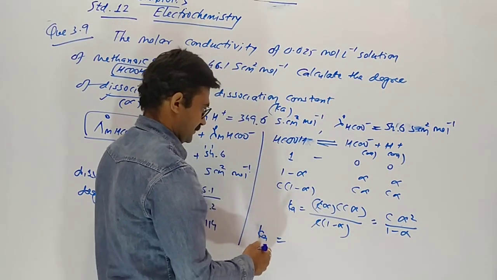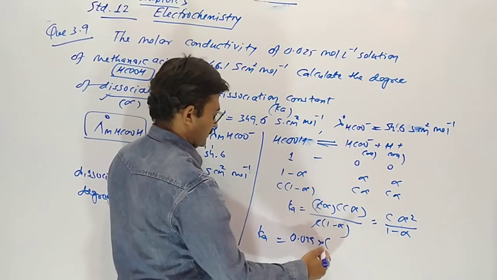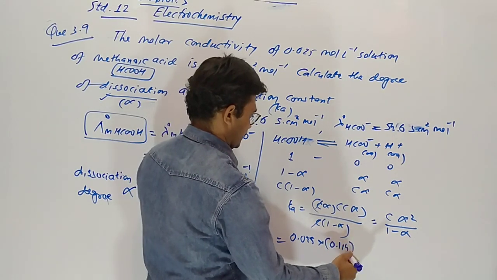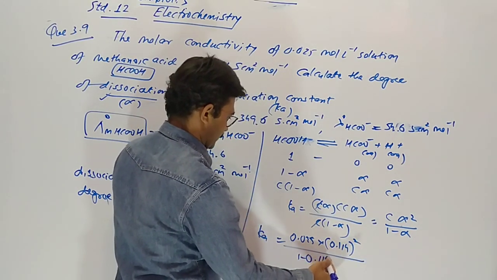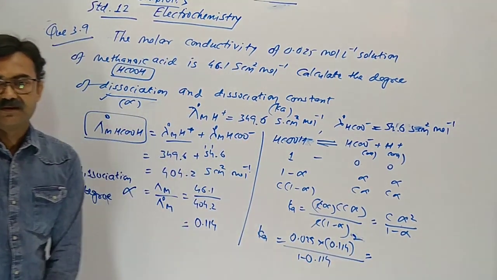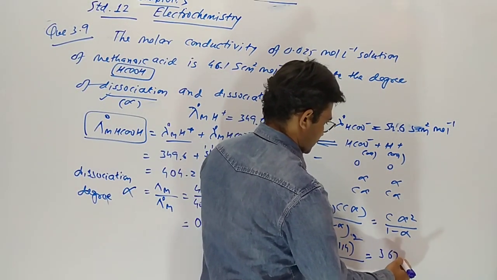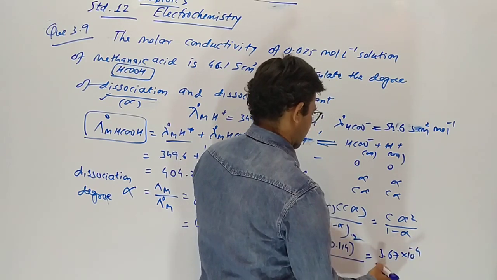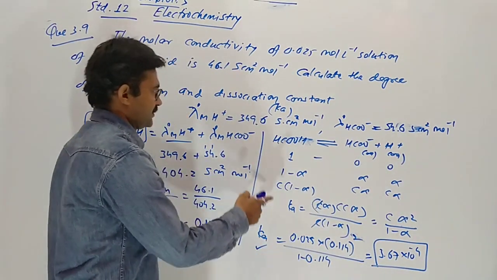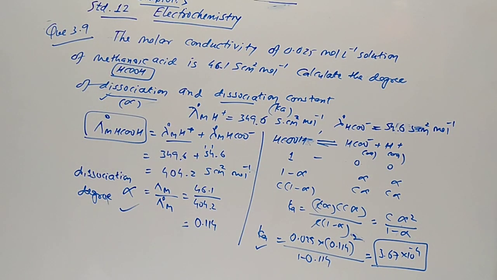Put down the values here. Concentration is given 0.025, square of alpha 0.114 square, upon 1 minus 0.114. So it will be 3.67 into 10 raised to minus 4 is our answer. This is the dissociation constant, and this one the dissociation degree. On your screen everything is watchable.